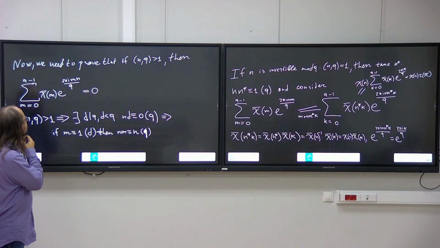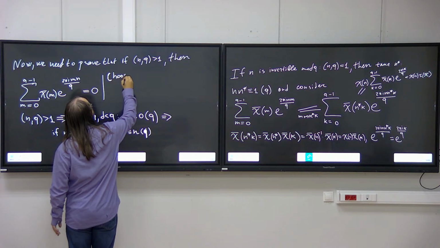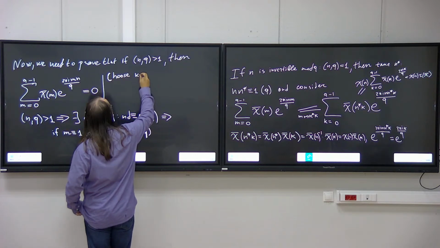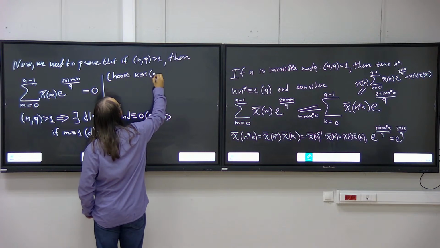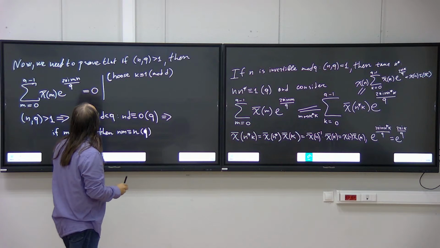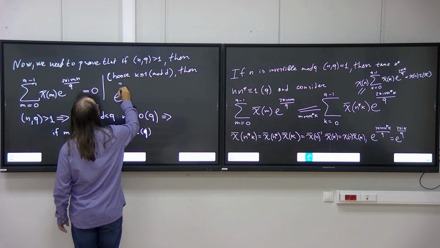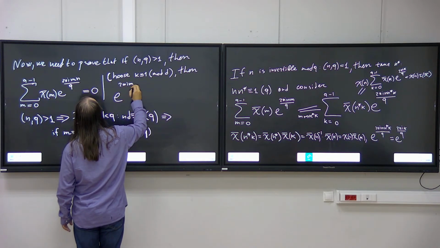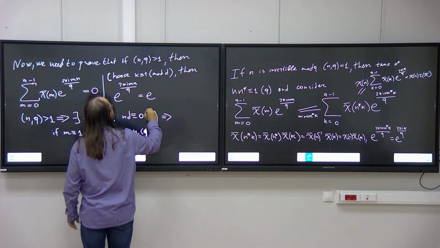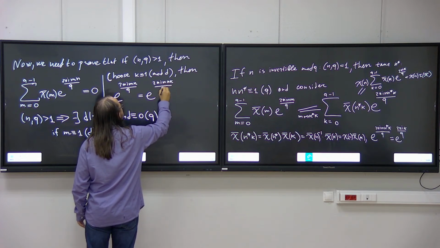Okay, so what do we do next? Well, choose k congruent to 1 modulo d. Take any such k. Then e to the power 2 pi i m n over q will be equal to e to the power 2 pi i m n k over q.